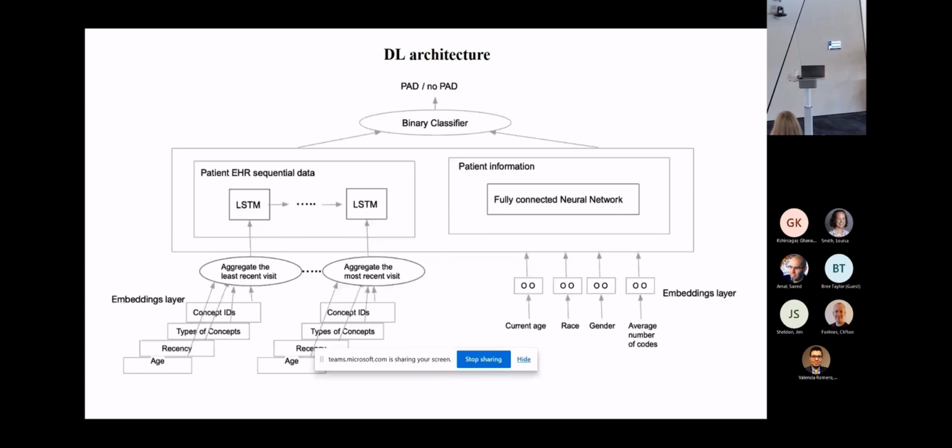We used a fully connected neural network for the patient information, LSTMs for the sequential data, and then we used a binary classifier that would predict whether the patient would develop peripheral artery disease or not.